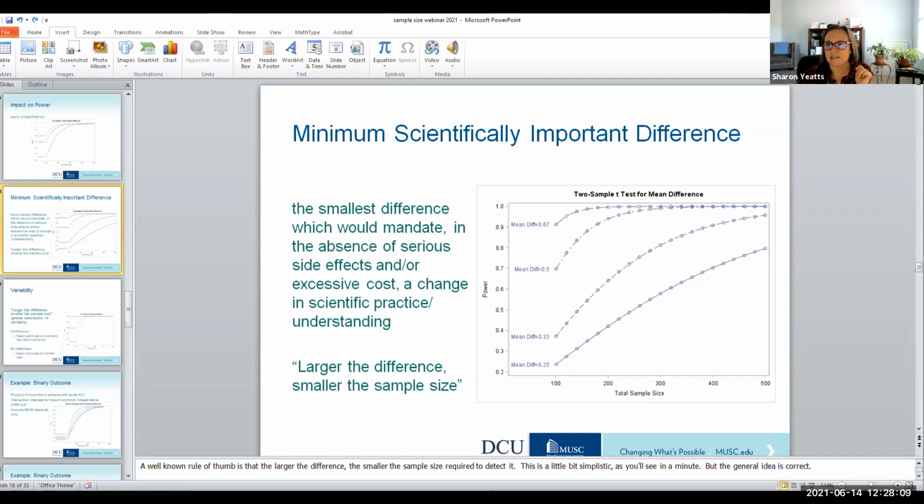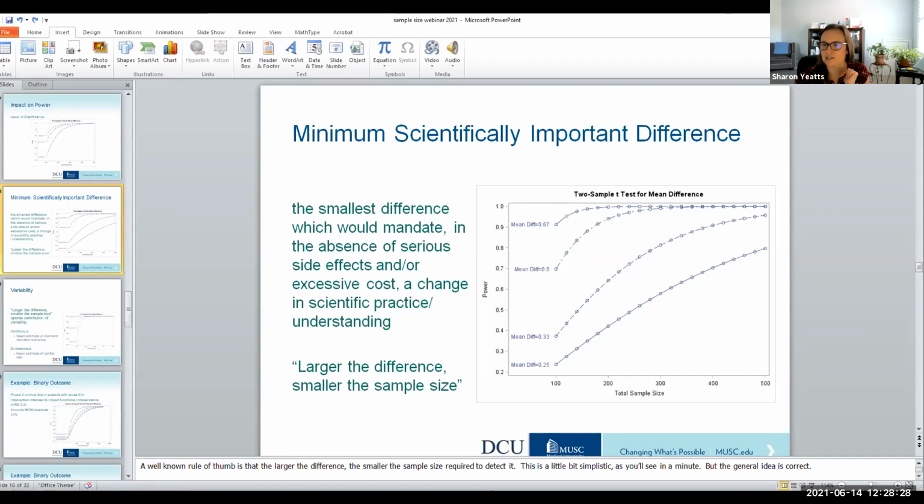And again, it does have an impact, as I'm sure you are all aware. In this case, I've held everything fixed except the mean difference. So the variance is the same, the type 1 error is the same. Let's do 200 subjects.